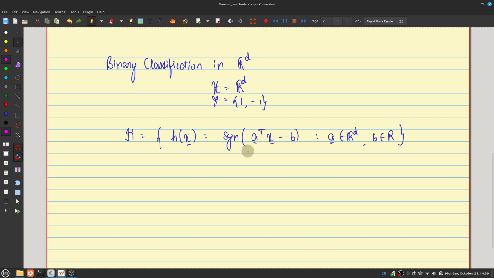So this is nothing but +1 if a^T x - b is greater than or equal to 0, or a^T x is greater than or equal to b, and it's equal to -1 if a^T x is strictly less than b.